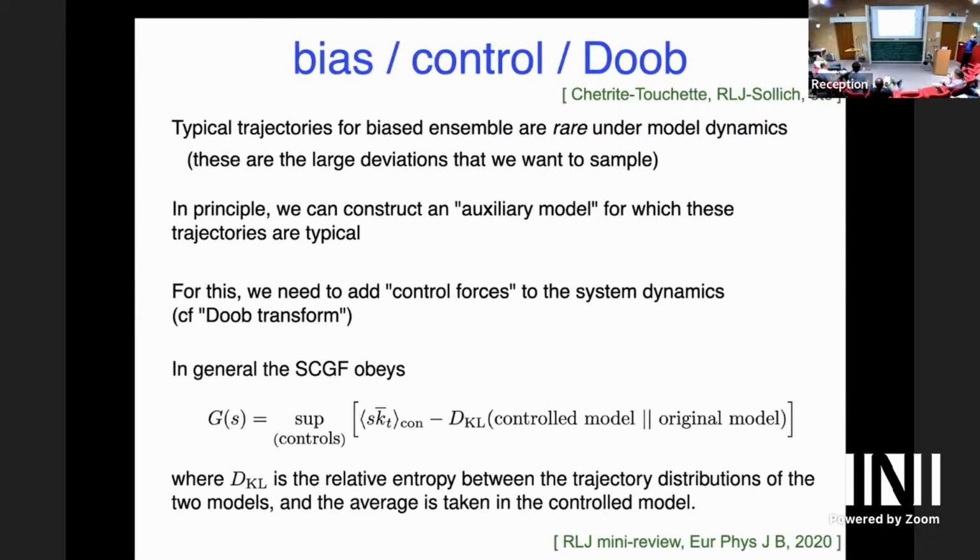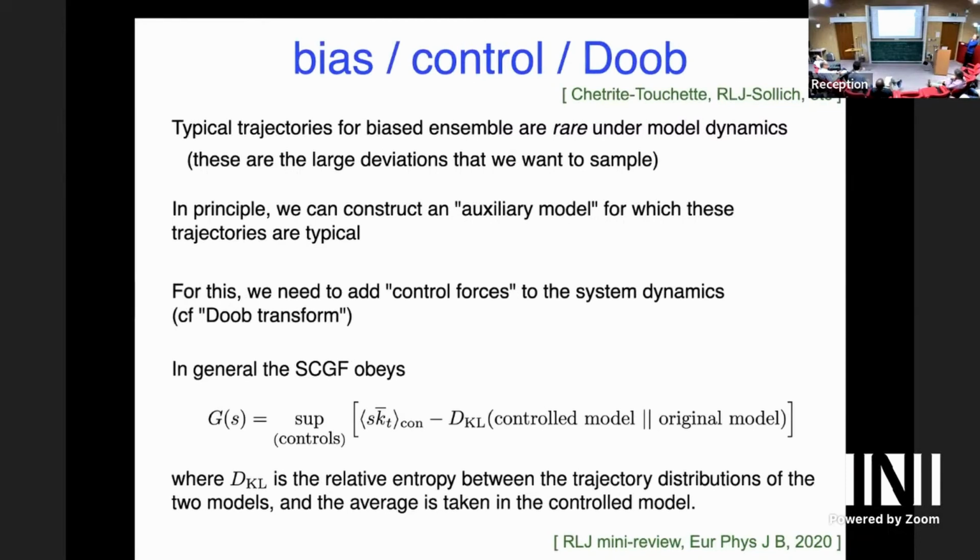So there's this very nice general relationship between the scaled cumulative generating function and these control models, which says that when you perturb your model with the control forces, you have a new trajectory distribution. You can compare that trajectory distribution with that of the original model, and you can compute the relative entropy.